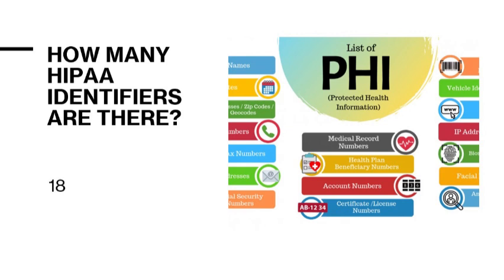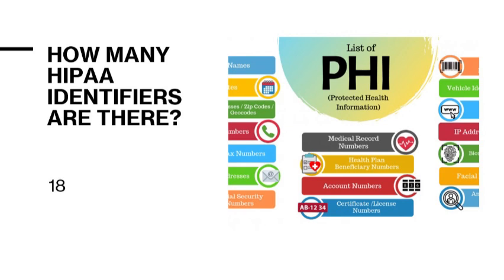The second identifier is geographic subdivisions smaller than a state, including street address, city, county, precinct, and zip code. The third identifier is all elements of dates except the year that directly identify the individual, including birth, admission, discharge, and death dates.